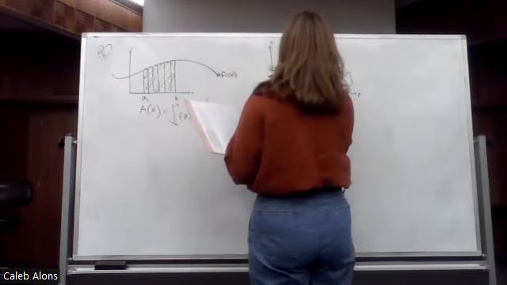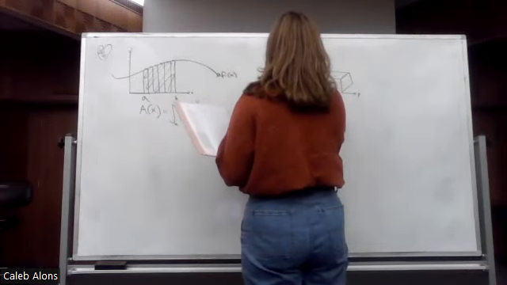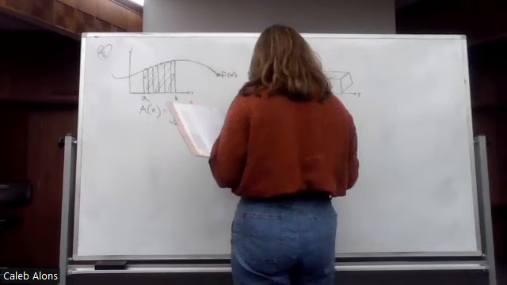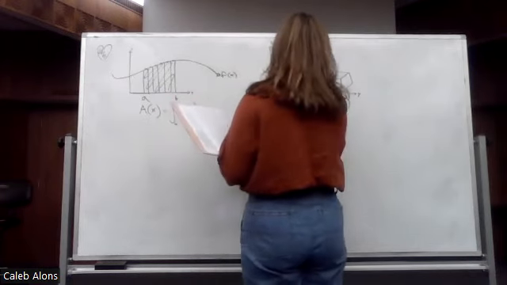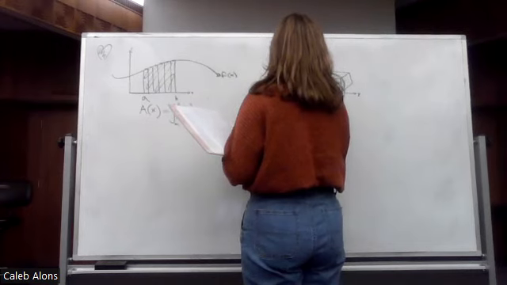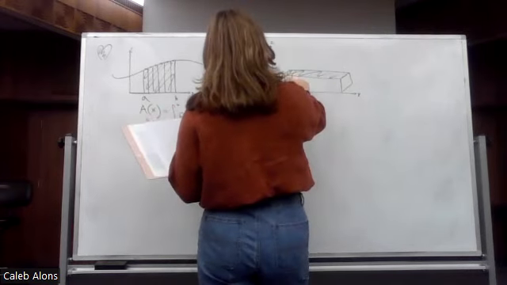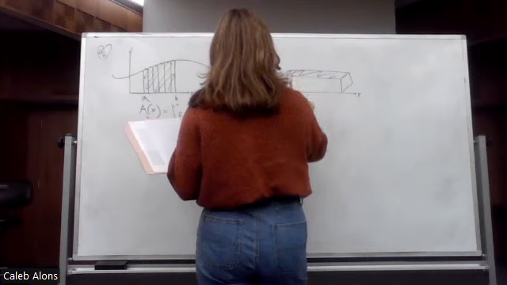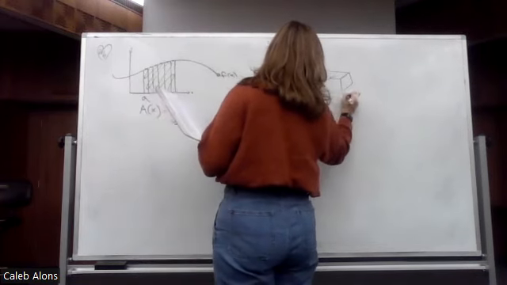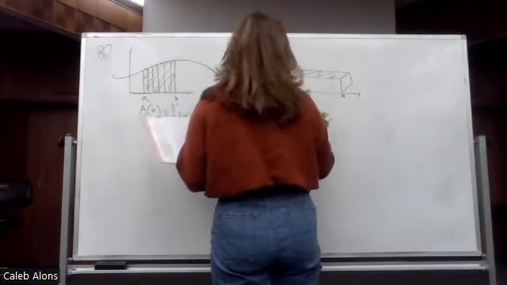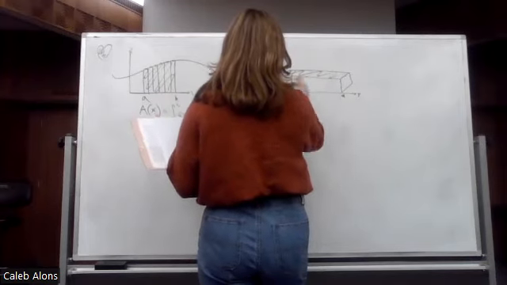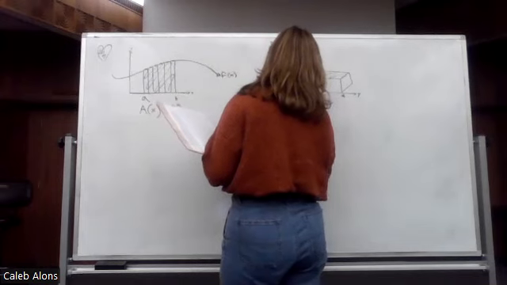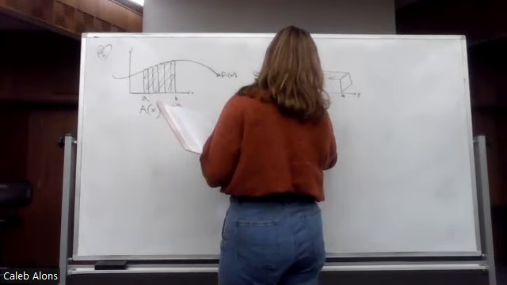So what we're going to do is cut it up into slices. We're going to take the area of the sector inside each slice, with respect to the y-axis from c to d.